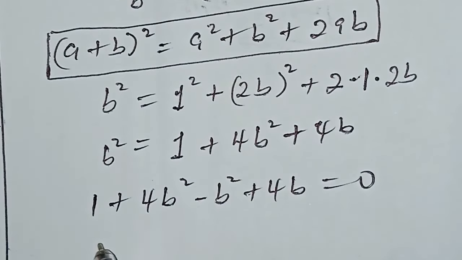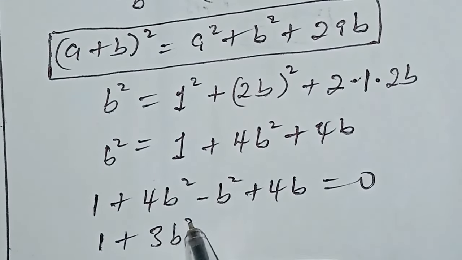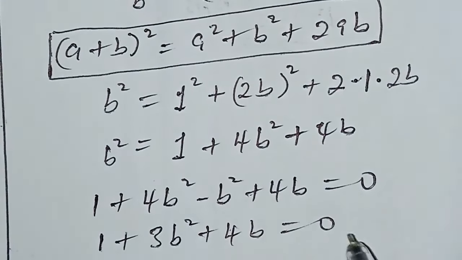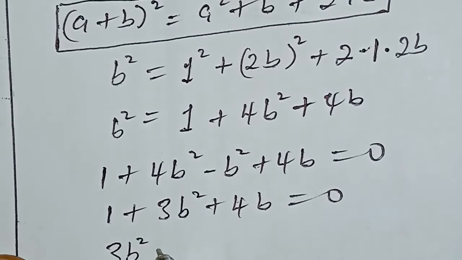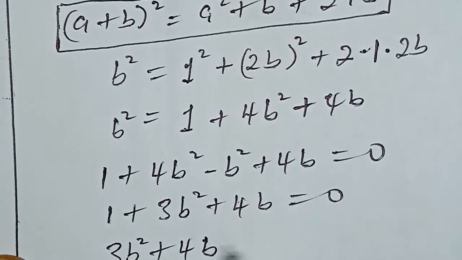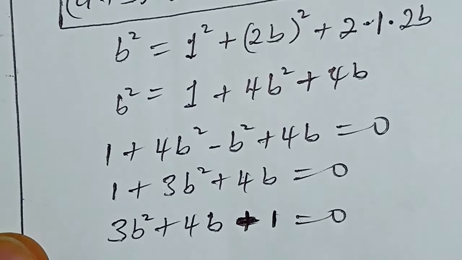Subtracting, we have 1 + 3b squared + 4b equal to 0, which can simply be written as 3b squared + 4b + 1 equal to 0. So this is a quadratic equation. So it led us to a quadratic equation.